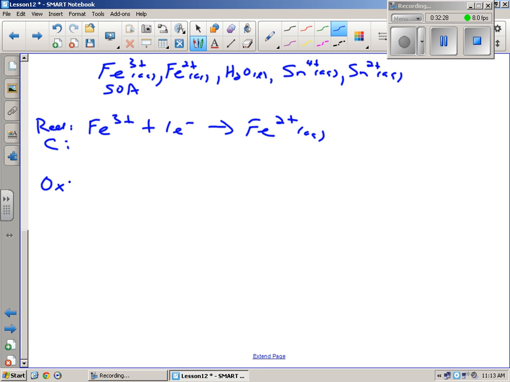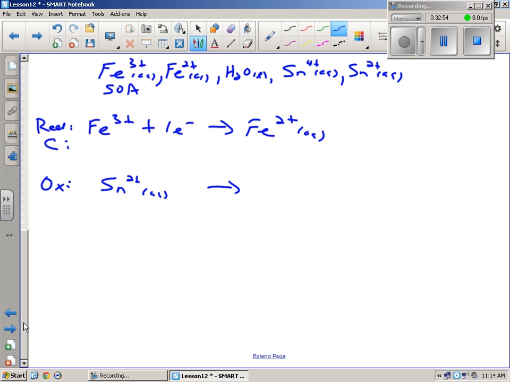What's the most likely thing to lose electrons? Well, it shouldn't be too much of a surprise now. Obviously, tin 2 plus, yes. Tin 2 plus, you're going to work bottom right and start working your way up until you find one of those other 3 things. Obviously, it's not going to be the iron 2 plus, okay? You're going to be looking for tin 4 plus or tin 2 plus. It's got to be the tin 2 plus, right?